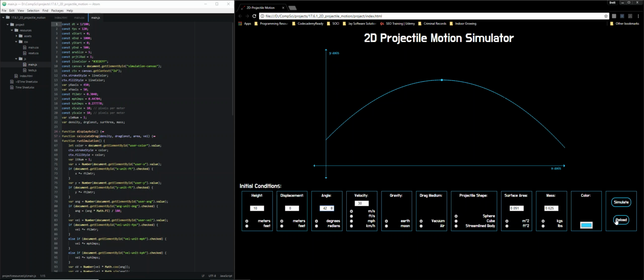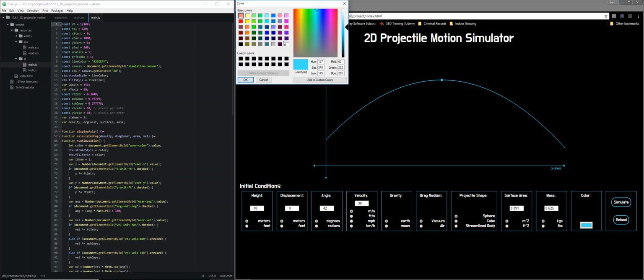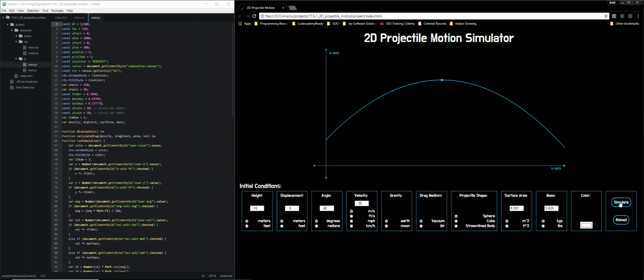So now let's change this to 42. Change this to white. And if the lines cross, which they were about to, we'll run this again at a velocity of 20 so that everything stays on the screen.